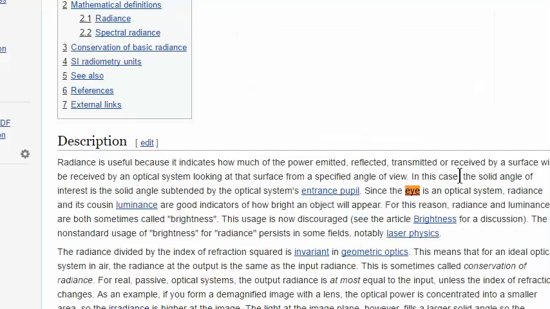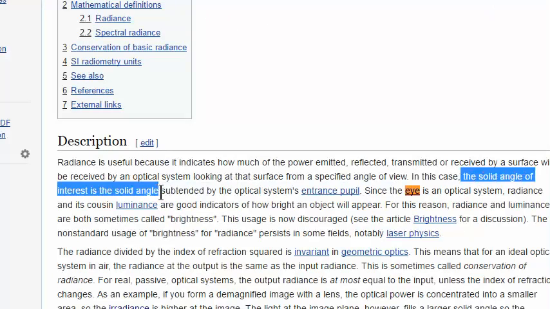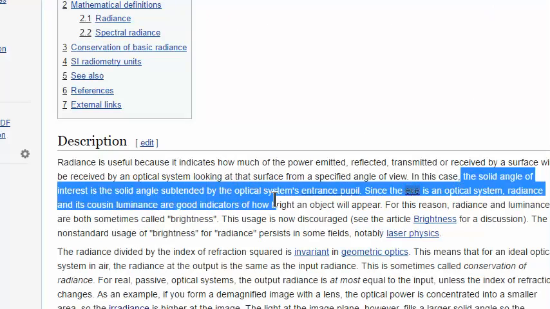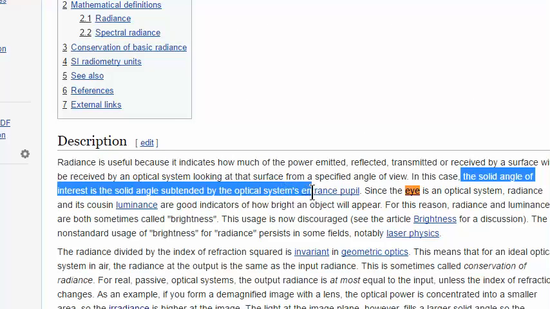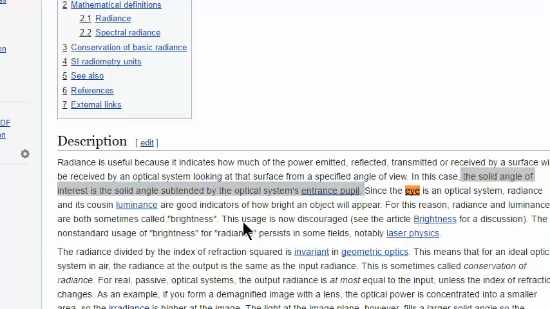So again, the solid angle of interest is the solid angle subtended by the optical system's entrance pupil, from the point of view of the optical system's detection coordinate.